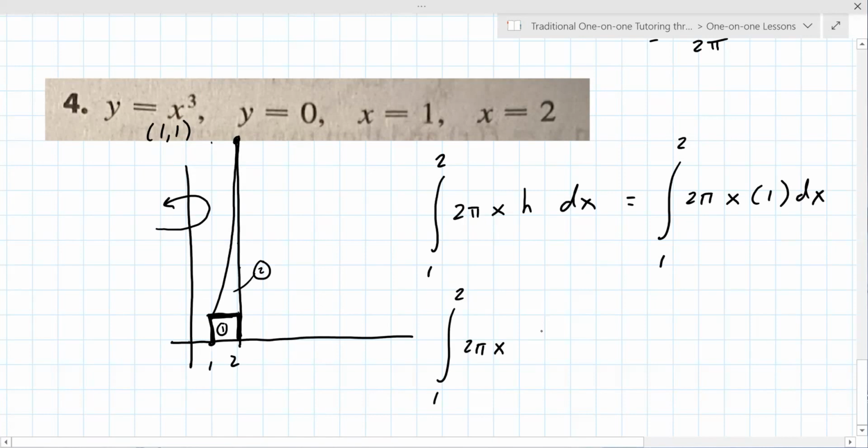So your y value is this x cubed. The problem is that x cubed gives you the whole height, and you've already had this other chunk dealt with, so you end up subtracting 1 from it.